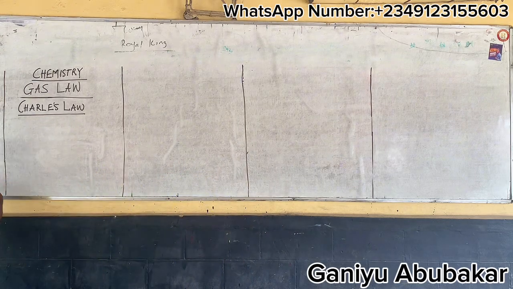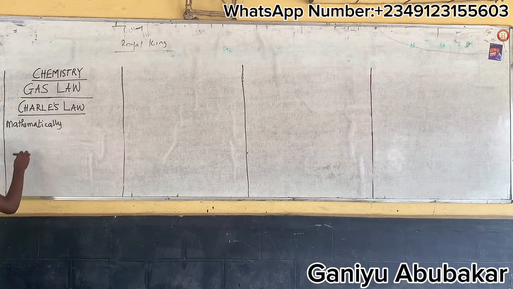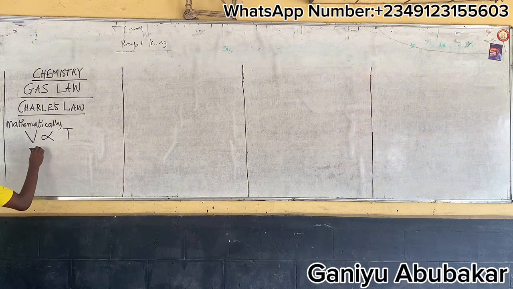Mathematically, from Charles' law, we say that the volume is directly proportional to temperature. V is proportional to T. Removing the proportionality sign, V equals a constant times T, that is V equals KT.